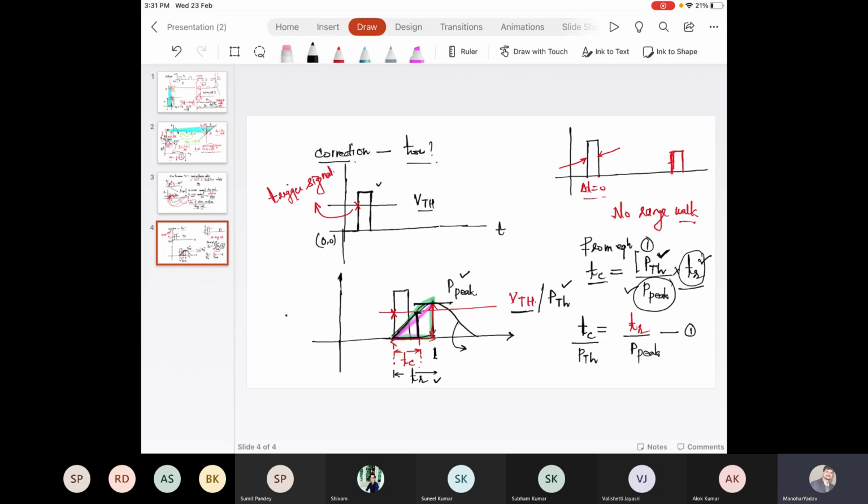So the meaning is that at the peak power, that time TR is identified by the receiver and the TC correction is applied.